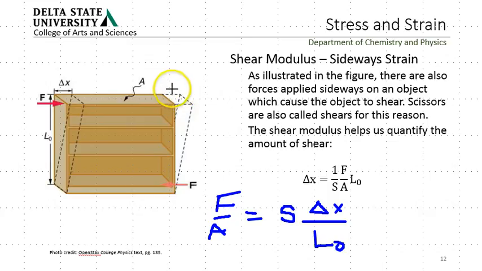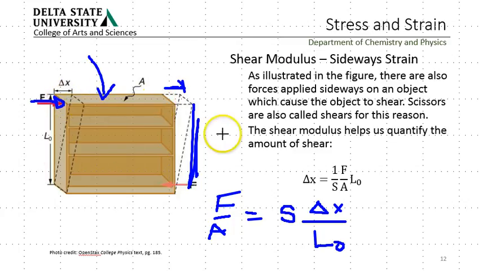Now, here's the difference with the shear modulus. Delta X is in a different direction from L naught. L naught is up and down. Delta X is perpendicular to that. Here's the other thing. The area A is here, but the force is applied this way. So shear modulus is a little bit different. Shear modulus is for what happens where we end up twisting things and torquing them sideways like this bookcase.